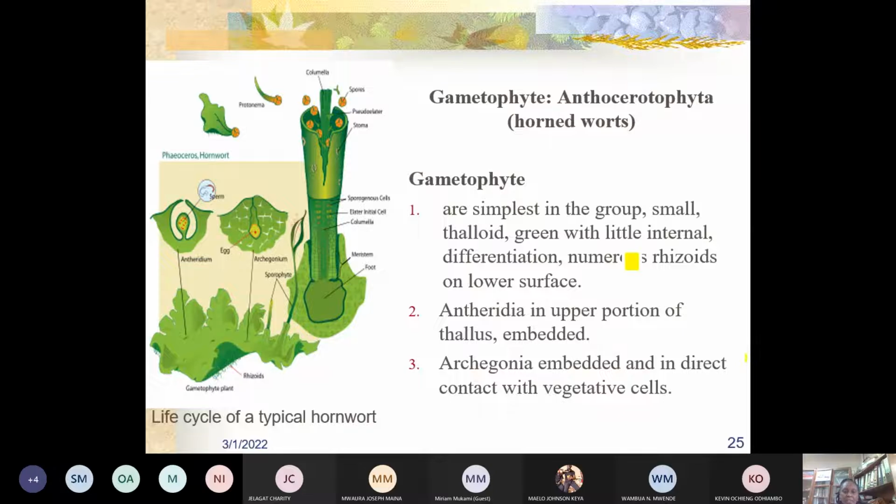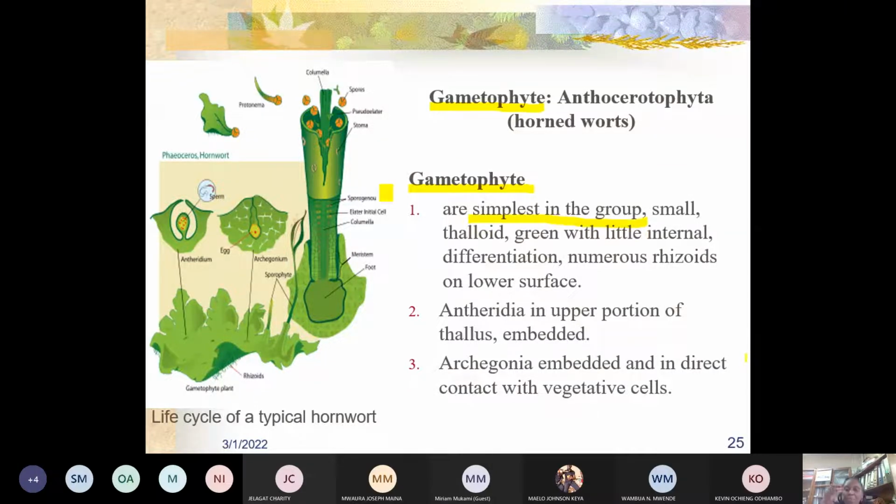So this is a diagrammatic representation. So we have the gametophyte, which is the haploid part. And so these are some of the characteristics of the gametophyte. It's the simplest in the group.